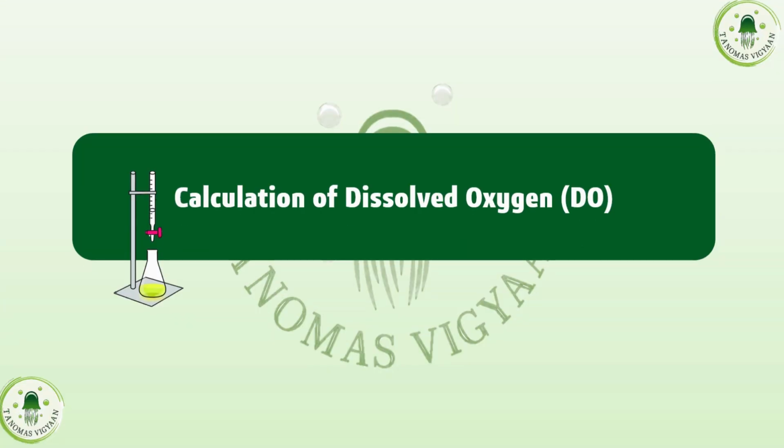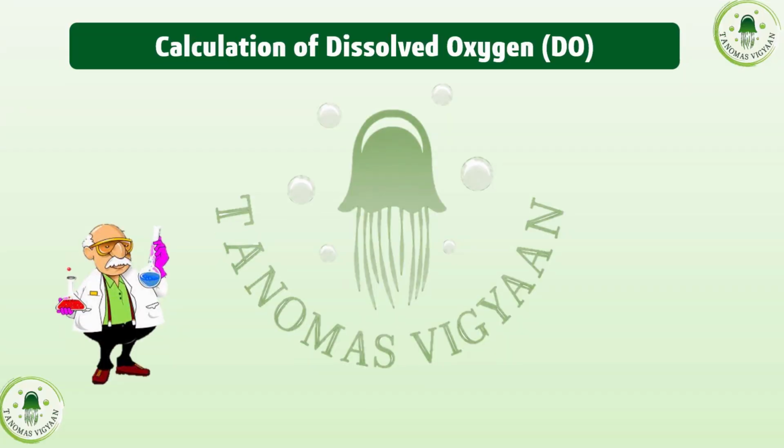Let us start with the calculation of dissolved oxygen first. The dissolved oxygen formula, which we have already mentioned in our previous video, is: DO in mg per liter is equal to V into N into 8000 divided by Vs. What is V?